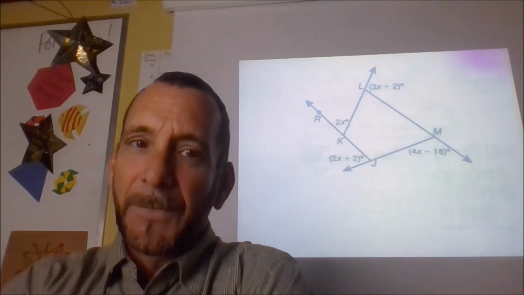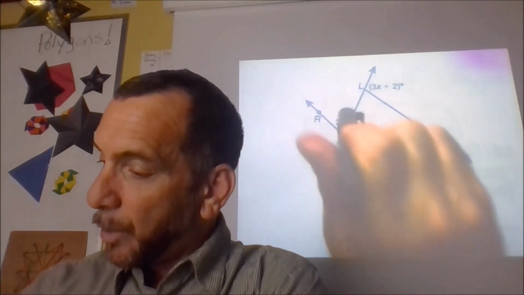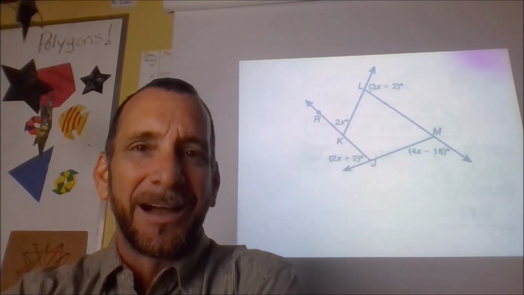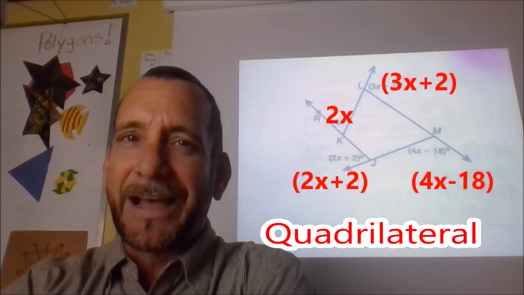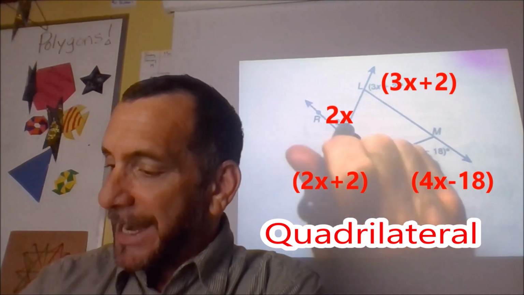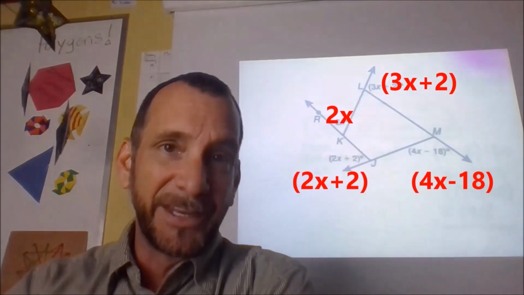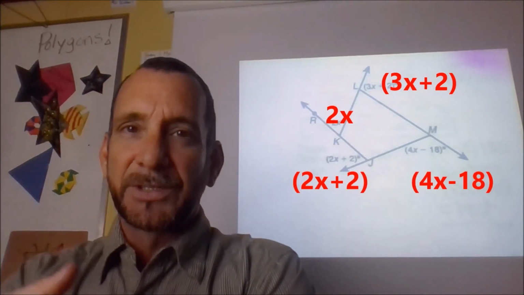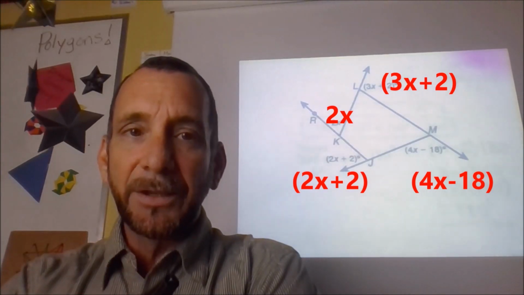This is a fun one because we have a 1, 2, 3, 4, four-sided polygon. That's a quadrilateral. Now, for a quadrilateral, we could find out the sum of the interior angles, n minus 2 times 180. But we're not looking for that now.